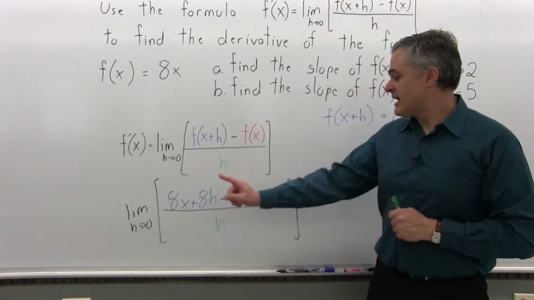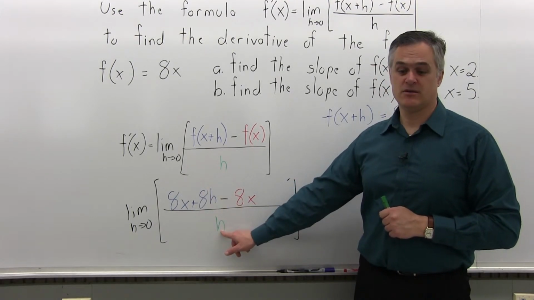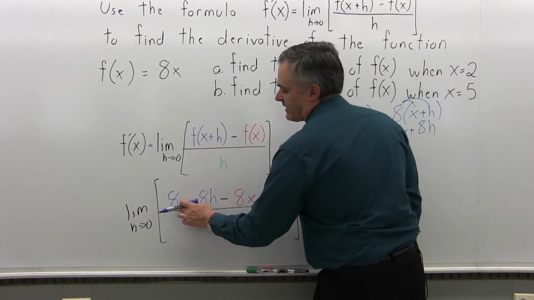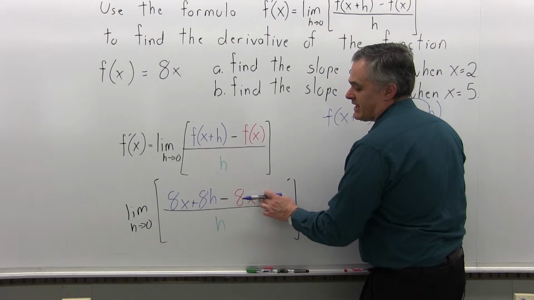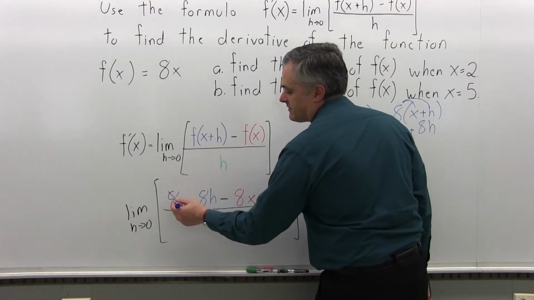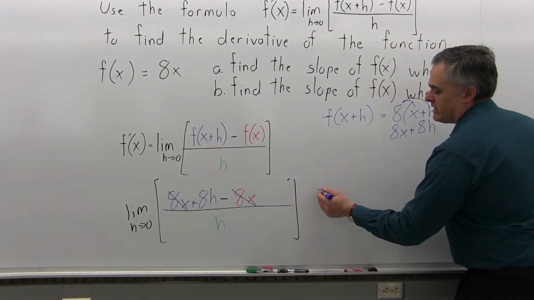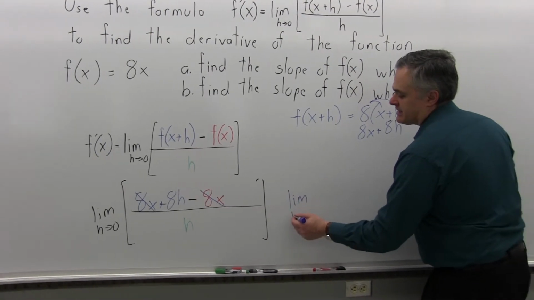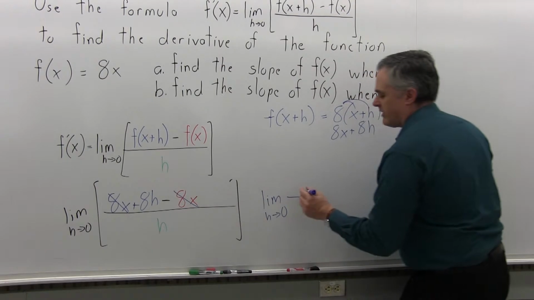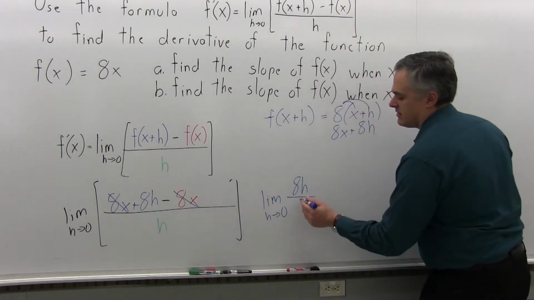So now what I want to do is take the limit as h approaches 0. The problem is I cannot just put in a 0 where I have the h because there's an h in the denominator. So what happens is I can cancel the stuff that does not have an h and then cancel an h in the top and bottom. So here I have a positive 8x and a negative 8x. So now I want to take the limit as h approaches 0 of, in the numerator I'm left with 8h, and in the denominator h.